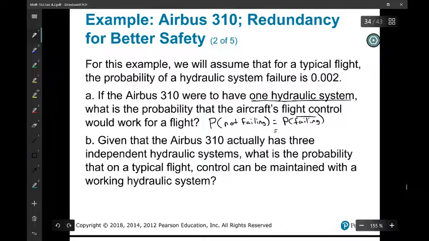So we would know the probability of failing is equal to 1 minus the probability of not failing.